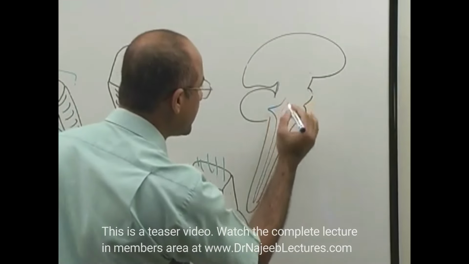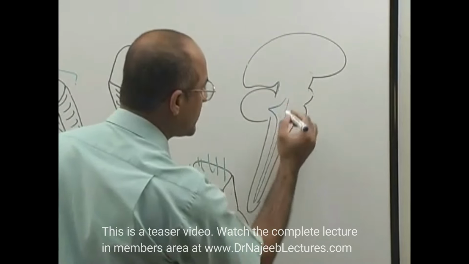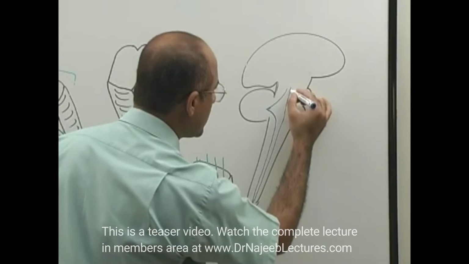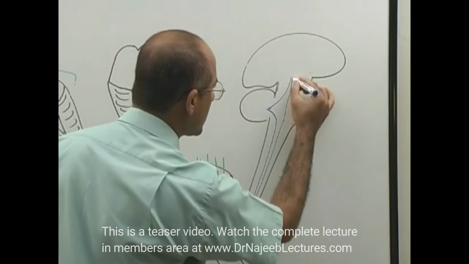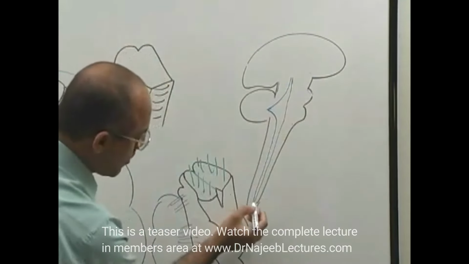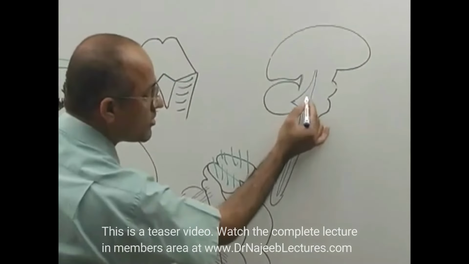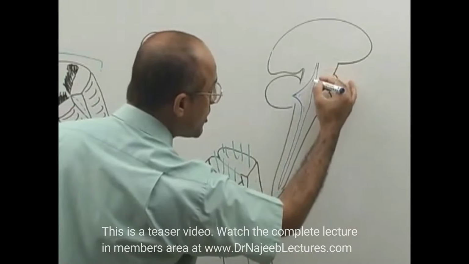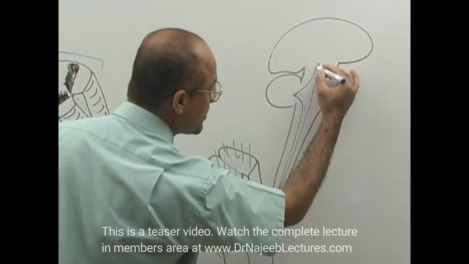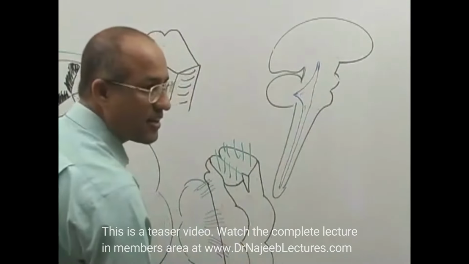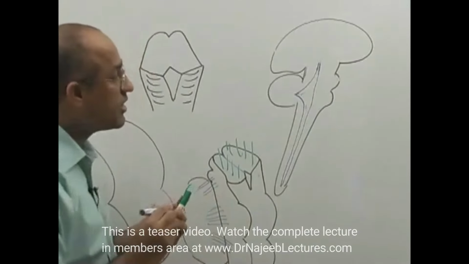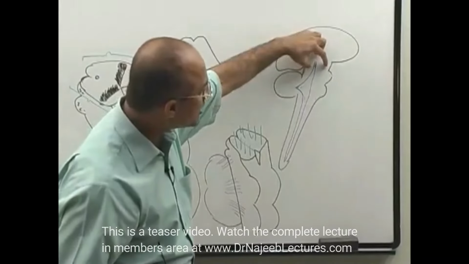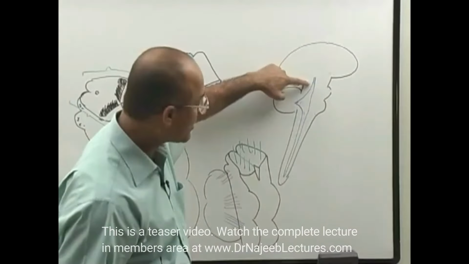Then here it expands, and what is it? Fourth ventricle. What was the central canal? Here is the swelling, the CSF filled swelling is the fourth ventricle, and then what is this CSF filled tube which is passing through the midbrain? Cerebral aqueduct. So we say that within the cavity of the midbrain is the cerebral aqueduct.